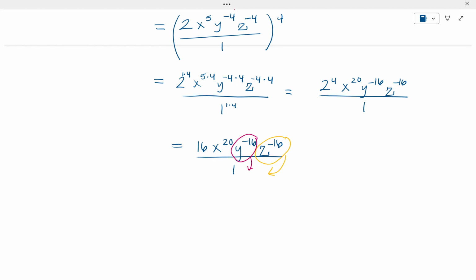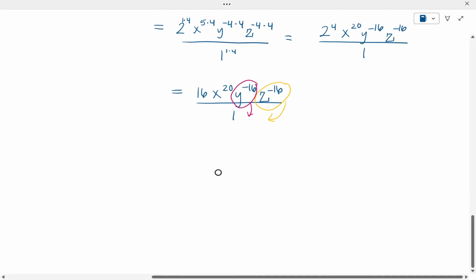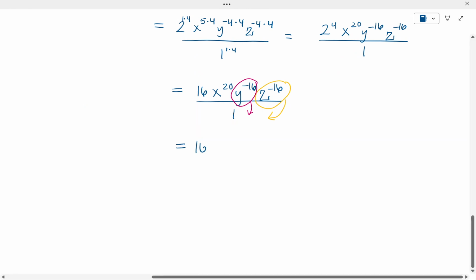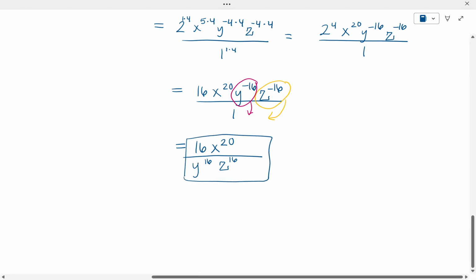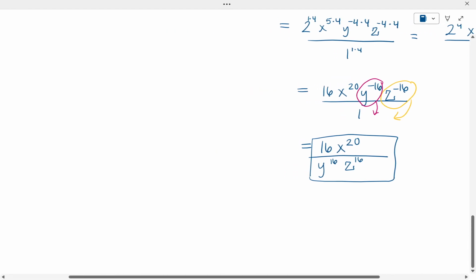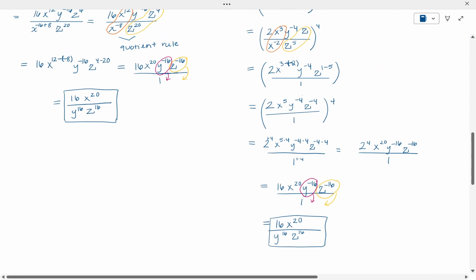And in doing that, we make the exponents positive. So this becomes 16 times x to the 20th power over 1 times y to the positive 16th and z to the positive 16th as well. So this is our solution. Let's check to make sure that it's the same as our first one.